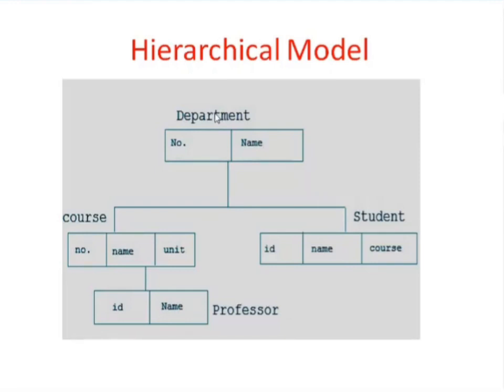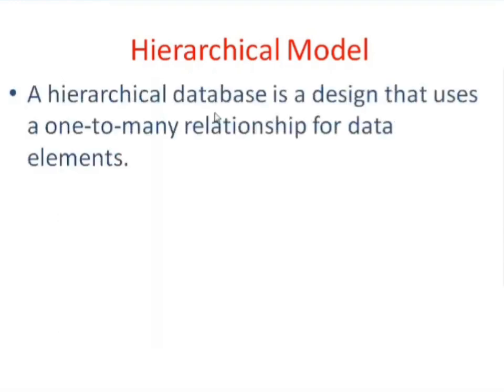Here, the model organizes the data in a tree-like structure. As you've seen in the previous diagram, it is designed in the form of a tree-like structure, and this uses a one-to-many relationship for data elements. As we learned in the data structure chapter, a tree contains only one-to-many relationships.